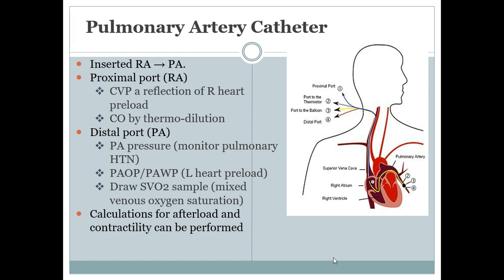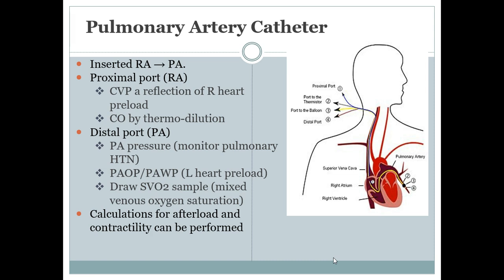The distal port is used for pulmonary artery measurements, including pulmonary artery pressures, which are especially used with monitoring pulmonary hypertension patients. With this port, you may also measure the left heart preload, and we're able to draw an SvO2 sample, which is a mixed venous oxygen saturation level. This sample of blood obtained can provide information on oxygen extraction throughout the entire body. It's very specific.